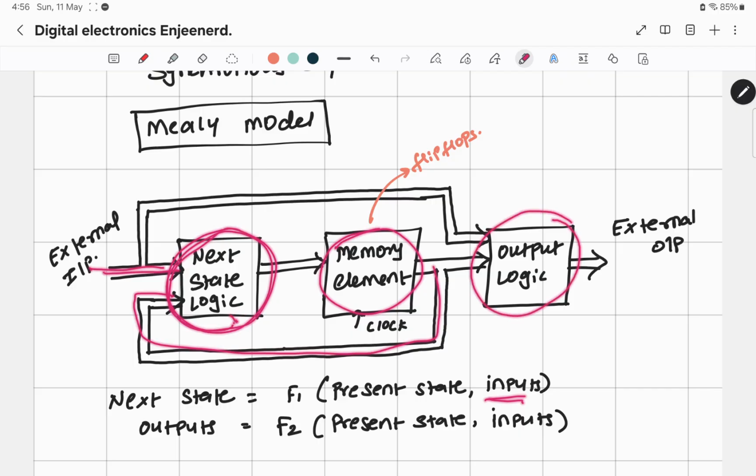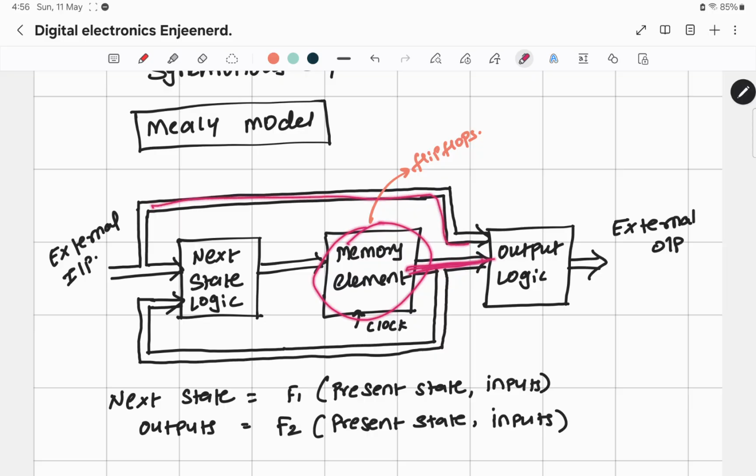Output, on the other hand, is also a function of the present state. Present state is always in the memory, right? It is also a function of the external inputs that we are applying. And hence next state and output both are a function of present state and inputs in this case.